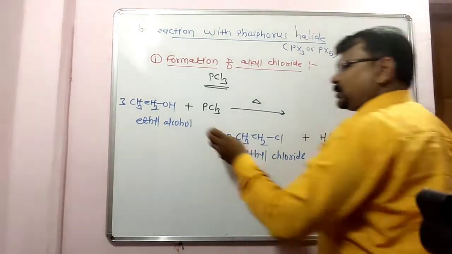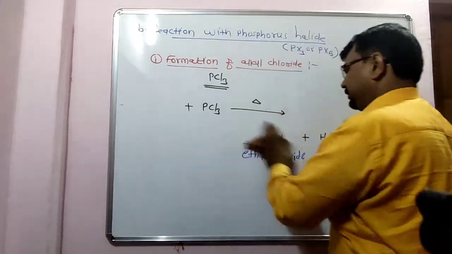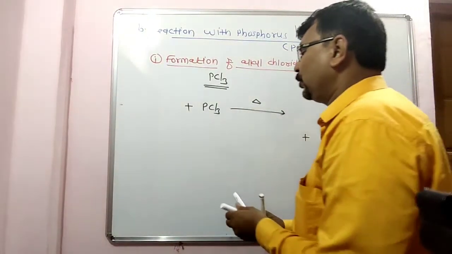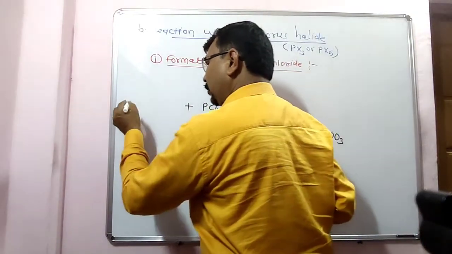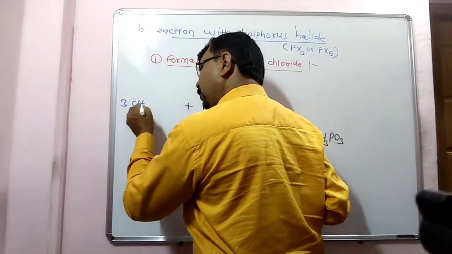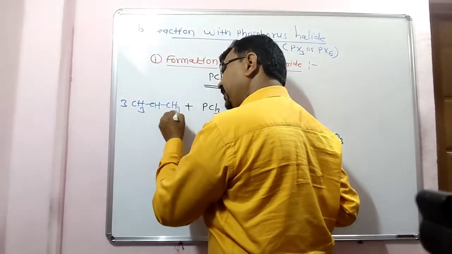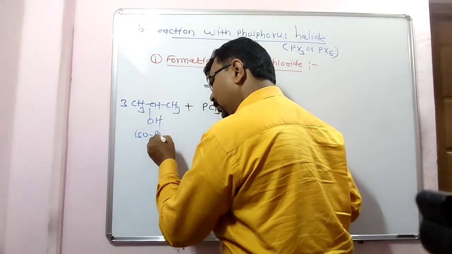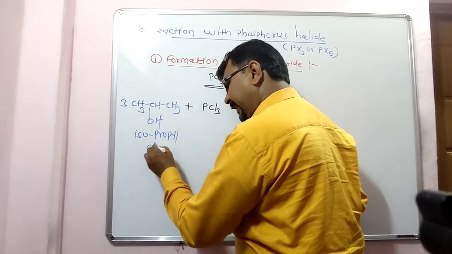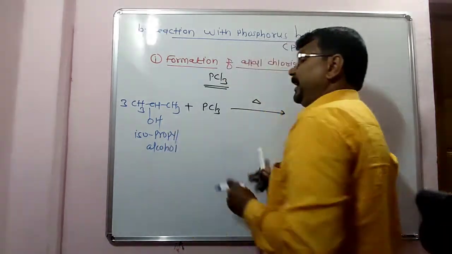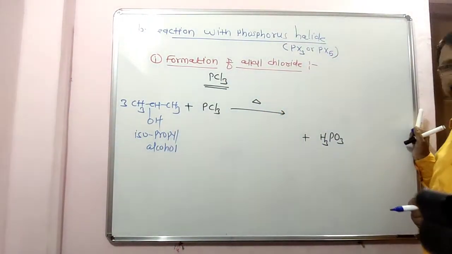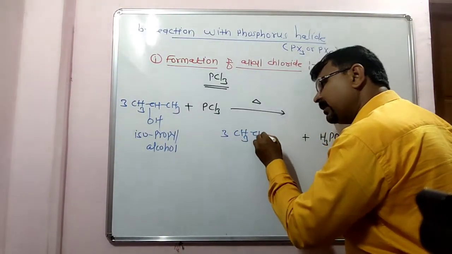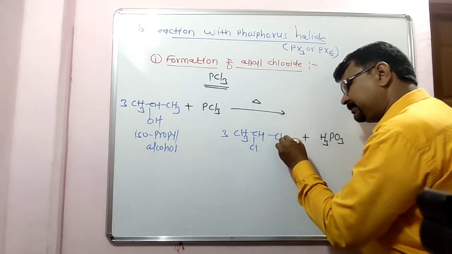Look here, next question. What is the action of phosphorus trichloride on isopropyl alcohol? CH3CHOHCH3. Name of the compound? Isopropyl alcohol. When isopropyl alcohol is heated with phosphorus trichloride, it gives CH3CHClCH3.